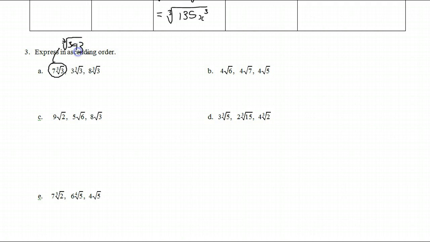So it's the cube root of 343 times the cube root of 3, which is the cube root of, well, what do we get? 3 times 3 is 9, 3 times 4 is 12, carry the 1, so 1029. That's the cube root of 1029. Put these together as entire radicals, and then you can compare. Right? If you have cube root of 1028, that's smaller. Cube root of 1030, that's larger.